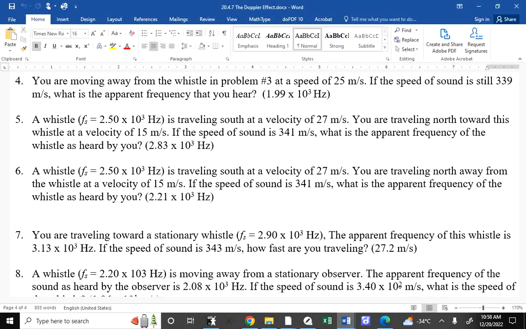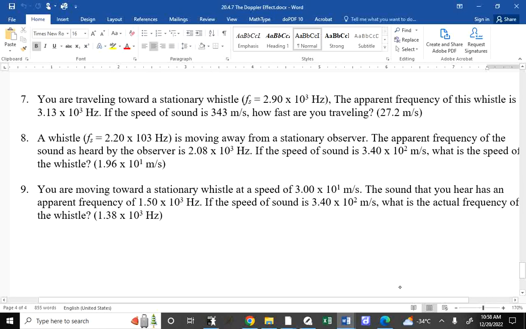Go ahead. Number 7? So you're traveling towards a stationary whistle. The apparent frequency of the whistle is 3,130 hertz, but the frequency of the whistle, objectively speaking, is only 2,900 hertz.